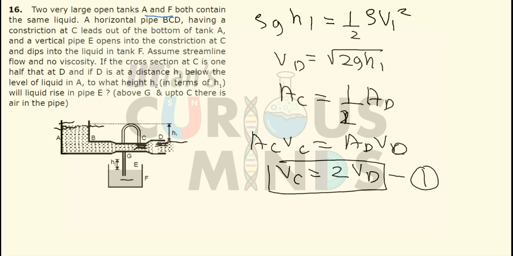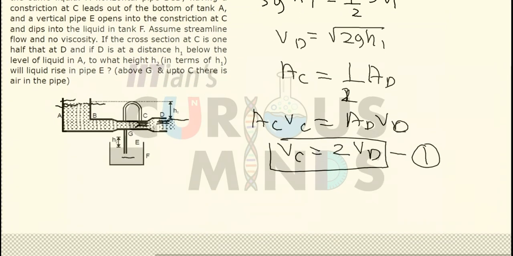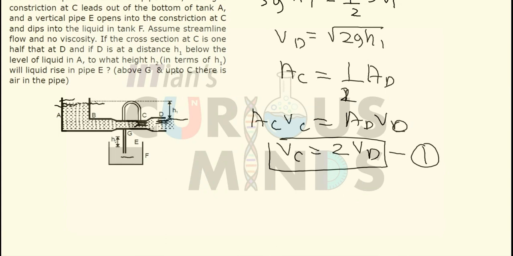Due to the difference in pressure, the liquid will rise inside this tube and it will apply pressure at point C in the downward direction.